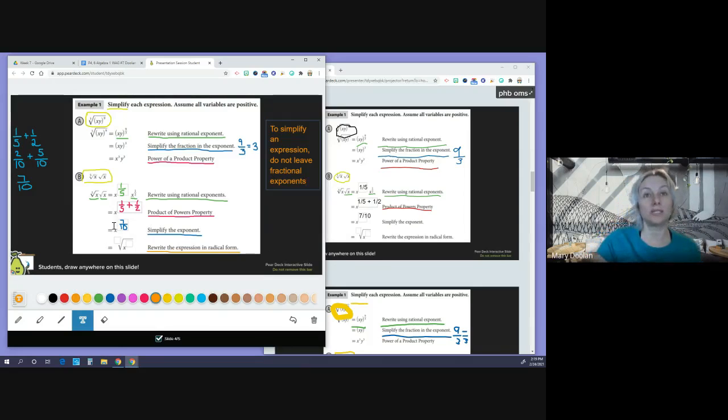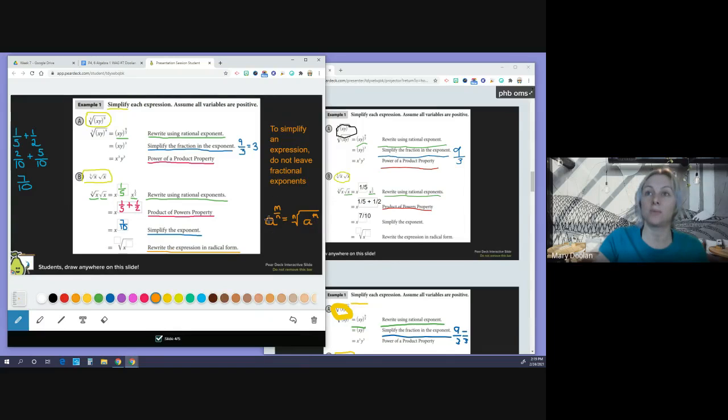All right, so this is not always simplified, so we just have to go back to using that other rule that we've been using since before we went on break, that a to the m over n is equal to the nth root of a to the m power.